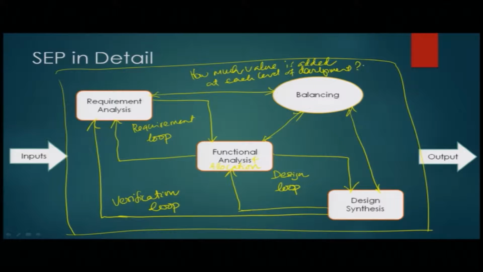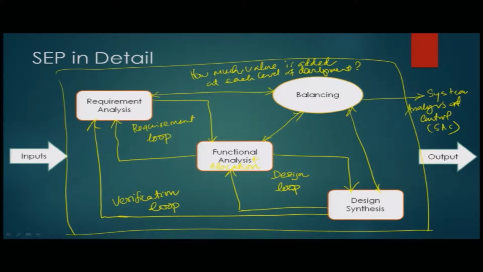The systems engineering process, to a large extent, is called a set of tools. So, this balancing activity is also sometimes called system analysis and control, SAC.